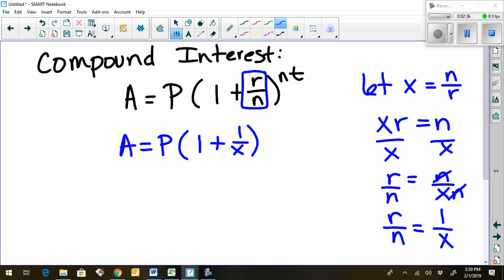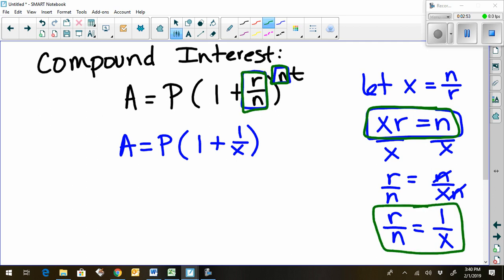And then I'm also going to replace this n up here with what n equals here. I'll put it in a different color for you. I'm going to replace this with this, and I'm going to replace that with that. Okay? So my exponent then changes to x times r times t.